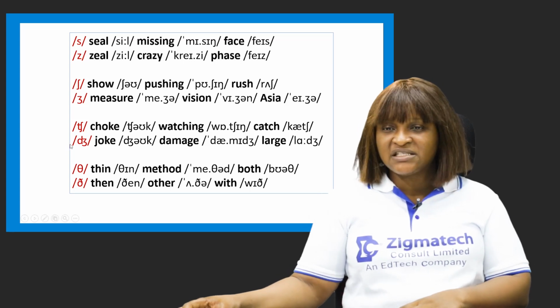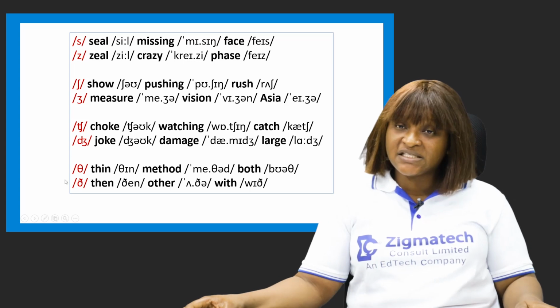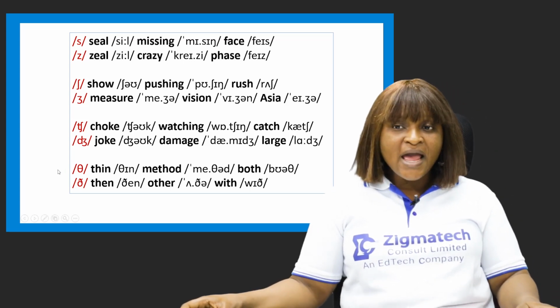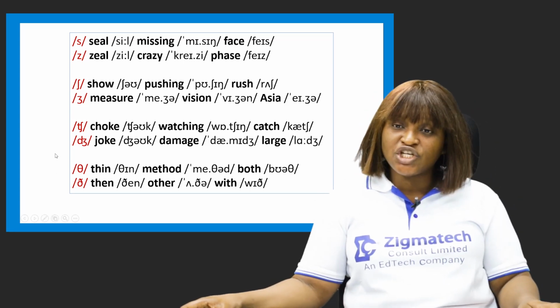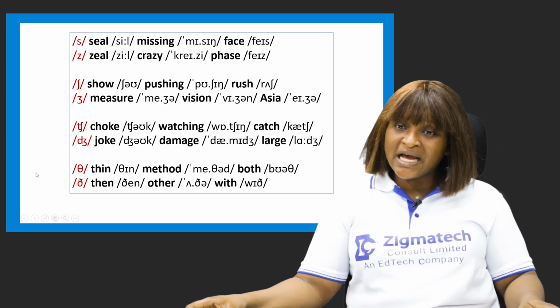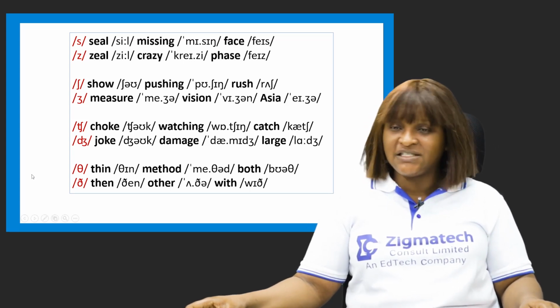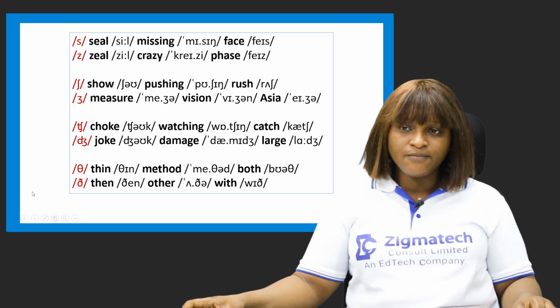TH is not pronounced as T, though we have certain TH words that we sound as T, like Thomas. Thomas is spelled T-H-O-M-A-S, but at the point of pronunciation, that TH becomes a T sound. It's not Thomas, rather it is Tomas. But in the case of thin, it is thin.